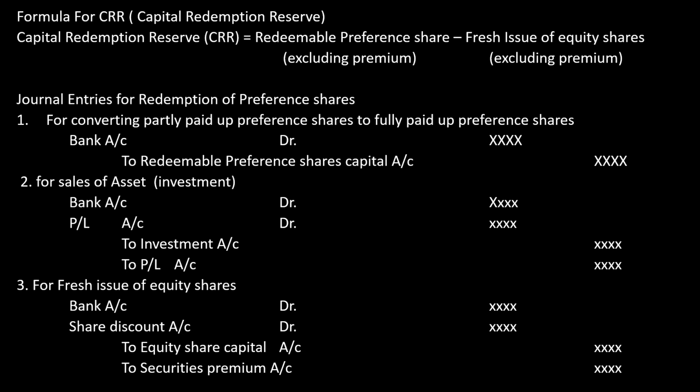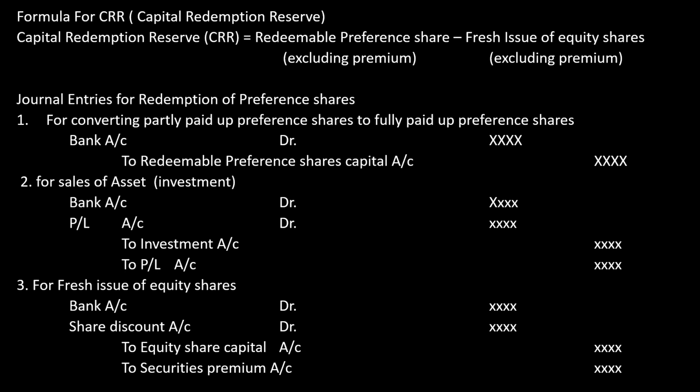Now we'll look at the journal entries. Before going to the journal entries, the formula for CRR is given here. The CRR is nothing but capital redemption reserve. It is calculated as redeemable preference share capital minus fresh issue of equity shares.